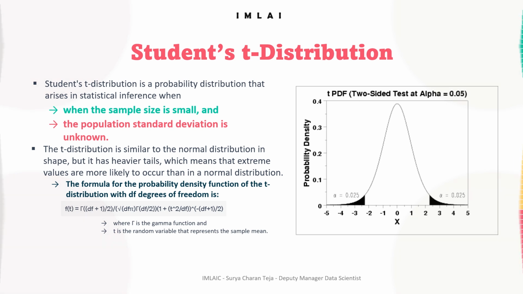If s is the sample standard deviation, the 90% confidence interval around the sample mean is given by x bar plus or minus t(n minus 1, 0.05) multiplied by s divided by the square root of n, and this is what we are going to see in the next slide. So this is some history behind why the t distribution came about.